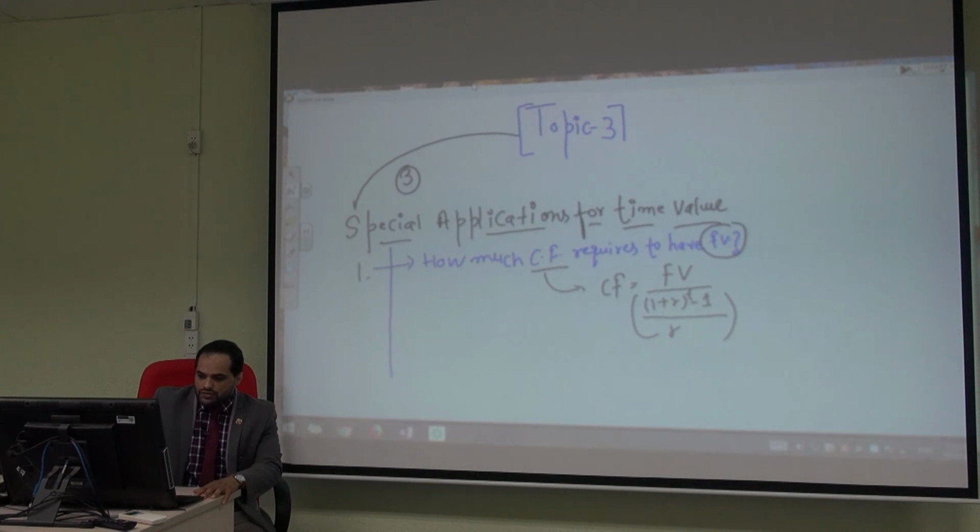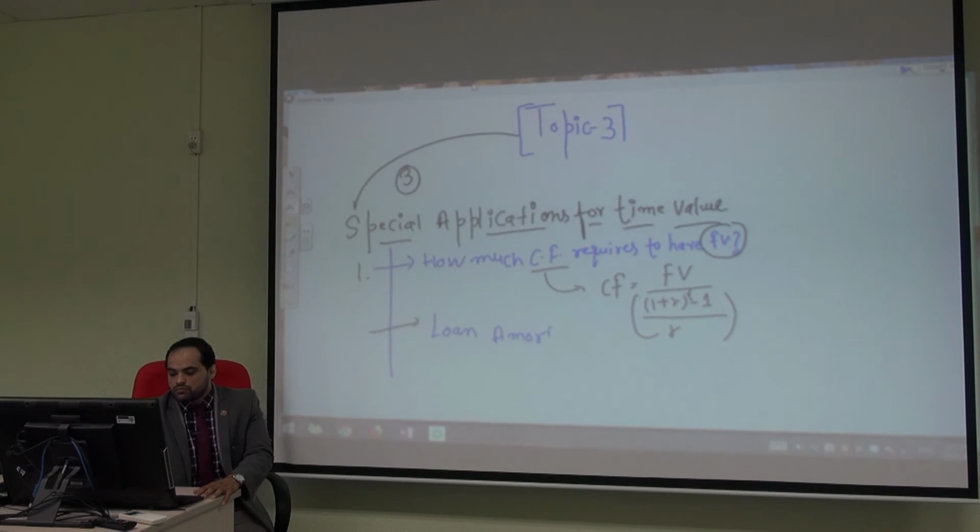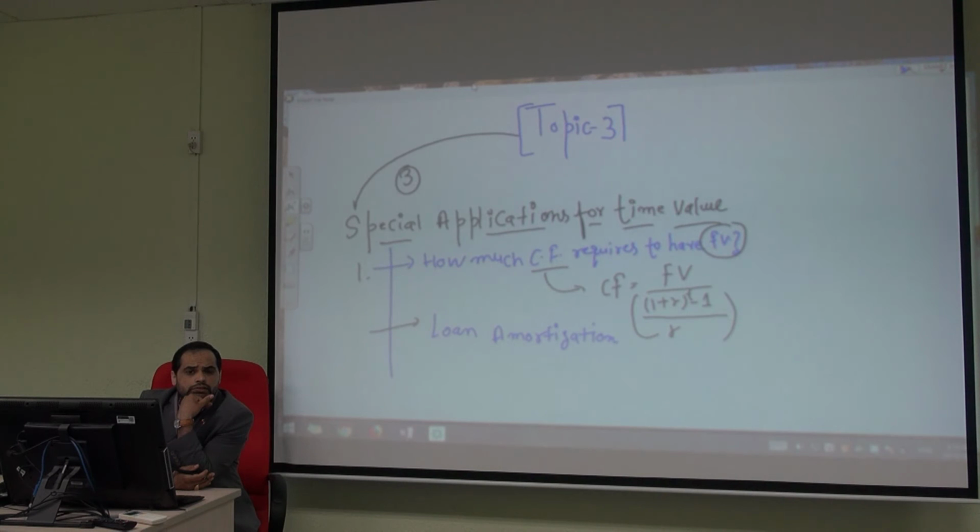Now the second special application is loan amortization. Loan amortization means how much periodic installments we require for loan repayments. In that case, present value is given in order to estimate the cash flows.